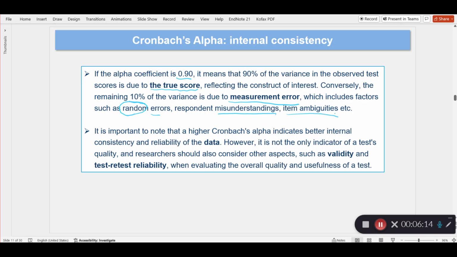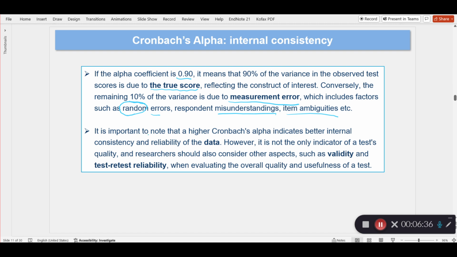Item ambiguities, which are again random, they're not systematic, and the test has not been inflicted by a large number of items that have been written ambiguously. In this case, we can claim that the part of the variance that is not attributed to the true score is basically measurement error.